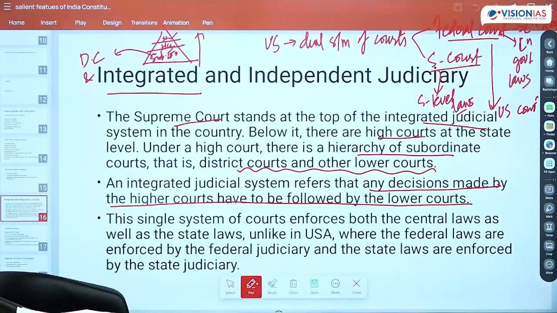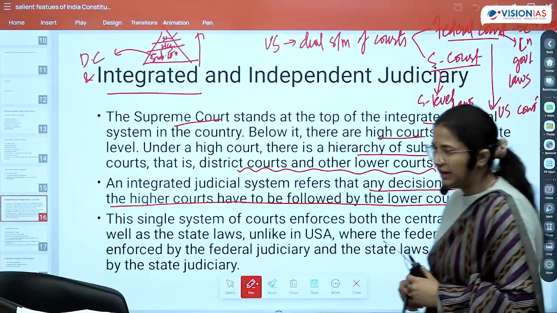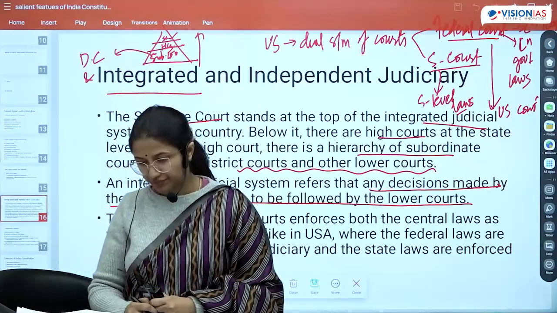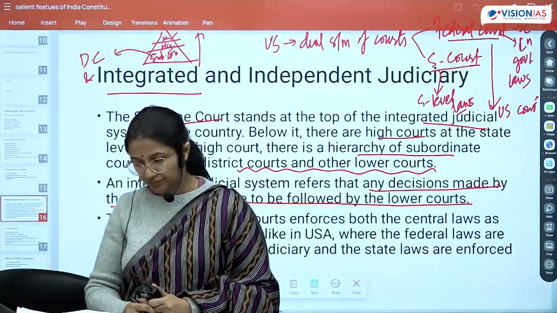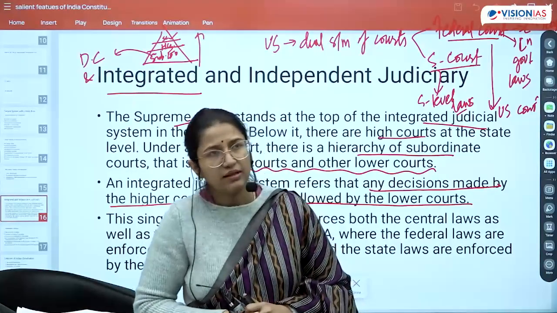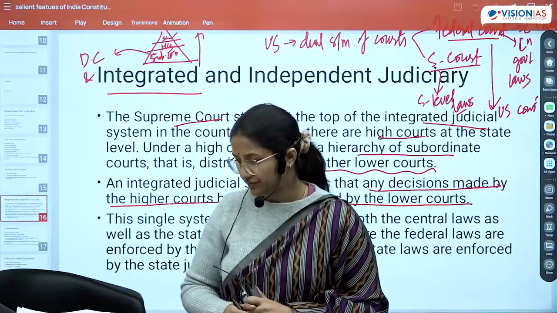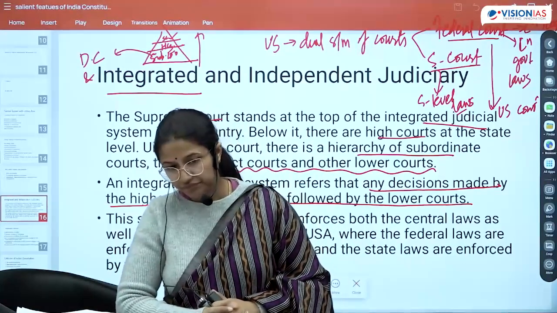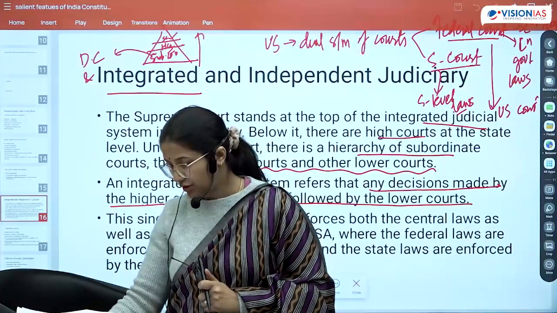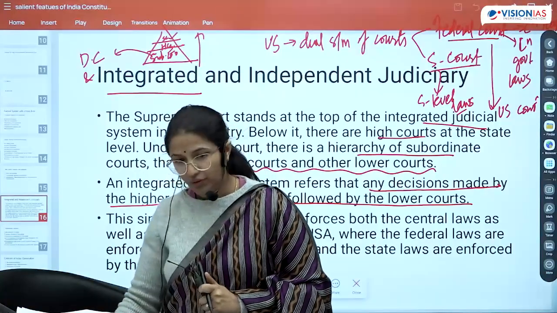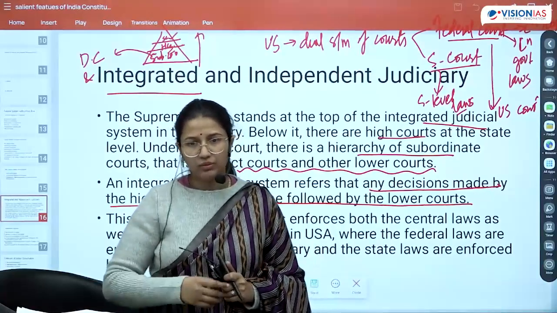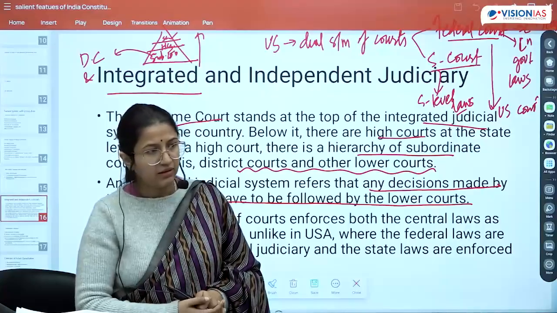नीचे next point लिखो इसी में, integrated judicial system means any decision made by the higher courts will be followed by the lower courts.